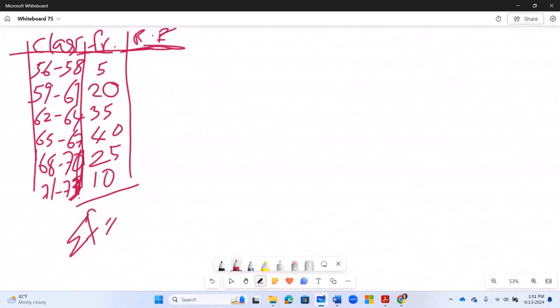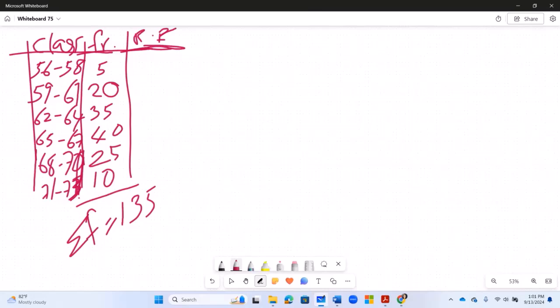If I sum the frequency, I have 5 plus 20 is 25. 25 plus 35 is approximately 60. 60 plus 40 is 100. 100 plus 25 is 125. 125 plus 10 is 135. Do you agree? The total frequency is 135.